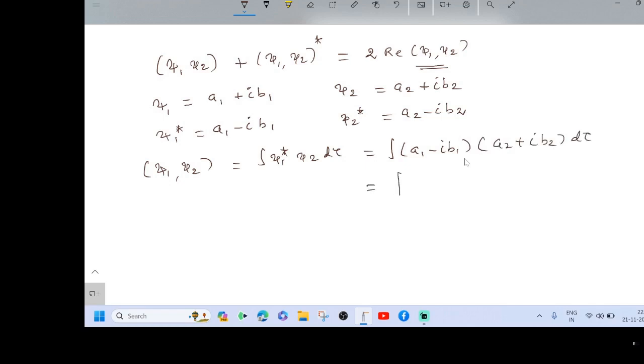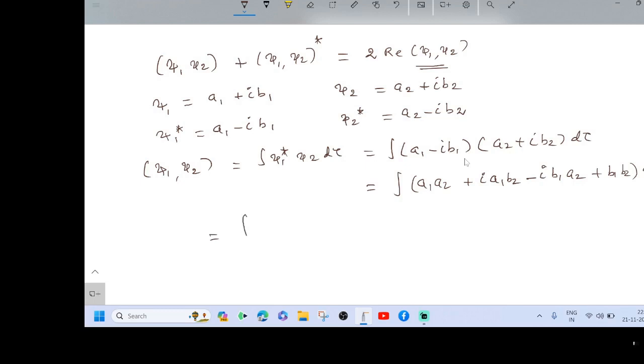This equals a1 a2 plus I into a1 b2 minus I into b1 a2, and since I square is minus 1, plus b1 b2, entire multiplied by d tau.